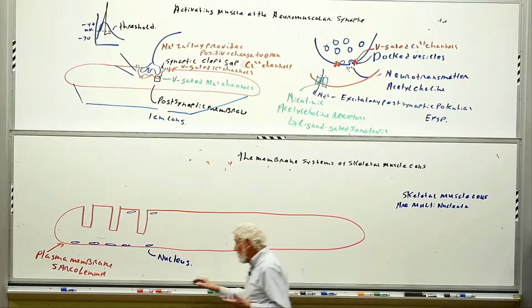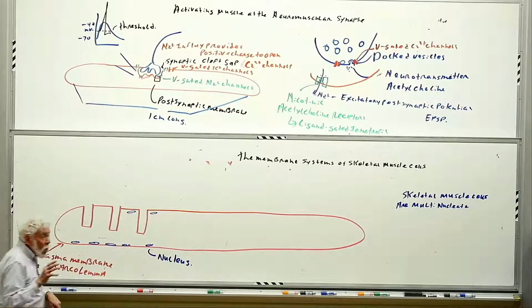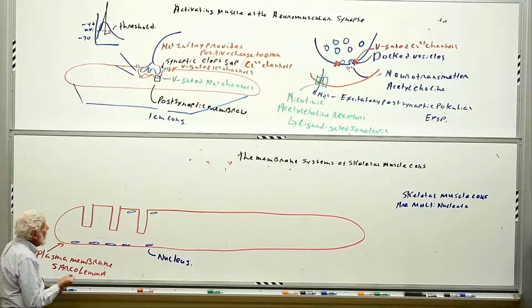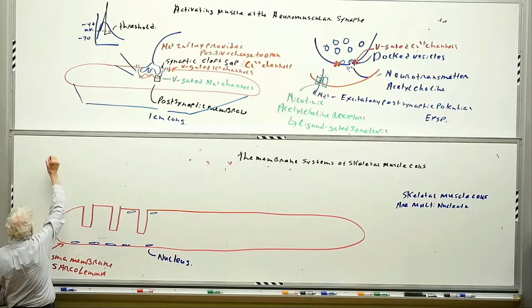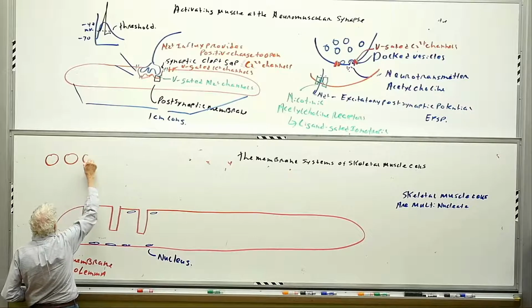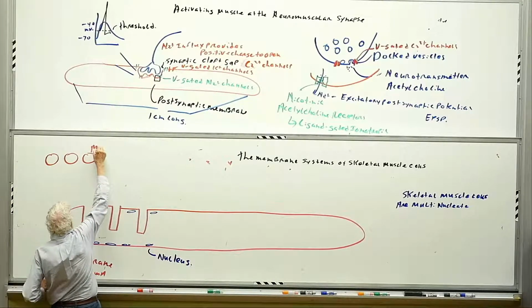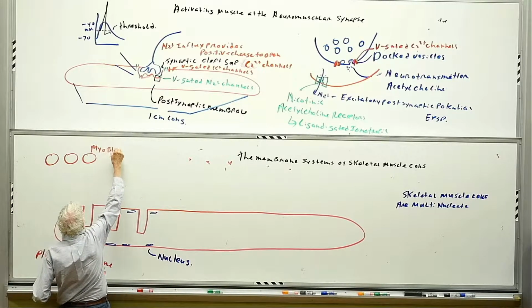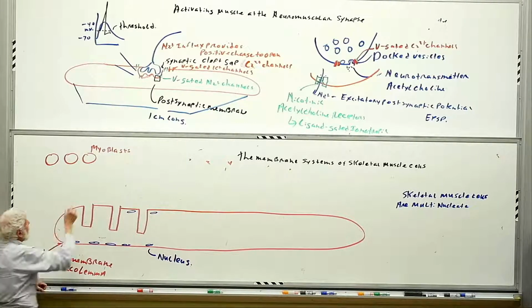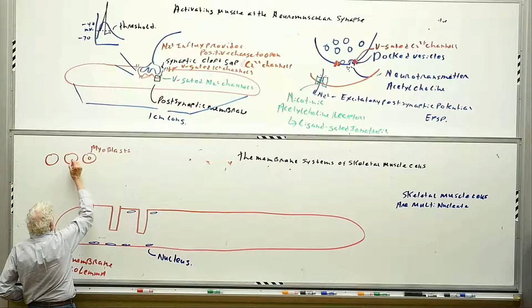And we know that because we know how these muscles develop. We start out with individual cells called myoblasts. During development, we have these myoblasts, and each one of them looks like a garden variety cell with a nucleus.